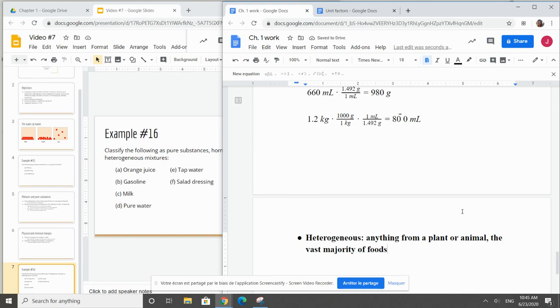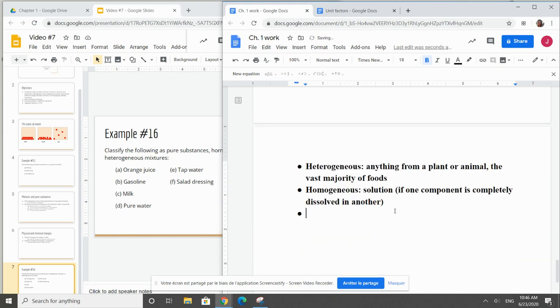And then there are some more obvious ones. Homogeneous would be a solution. That would be if one component is completely dissolved in another. I'm also going to add alloys here. You've probably heard of those before. Those are just homogeneous mixtures of metals.